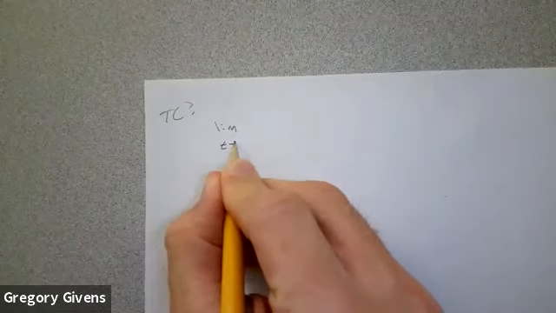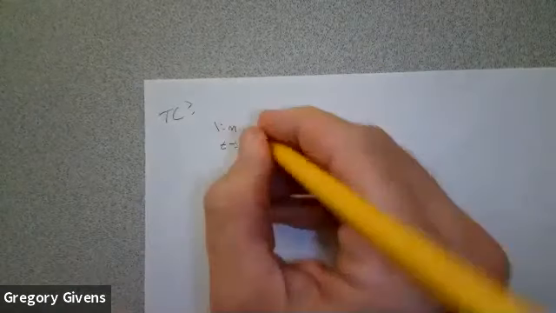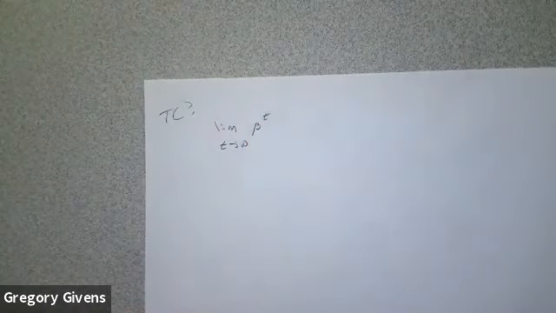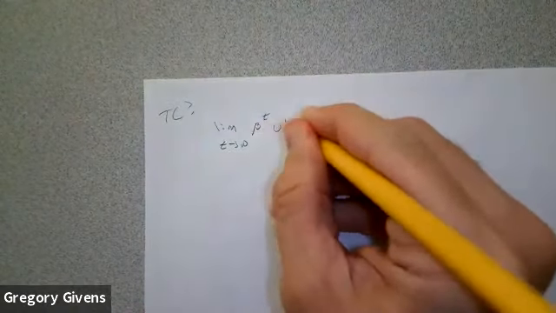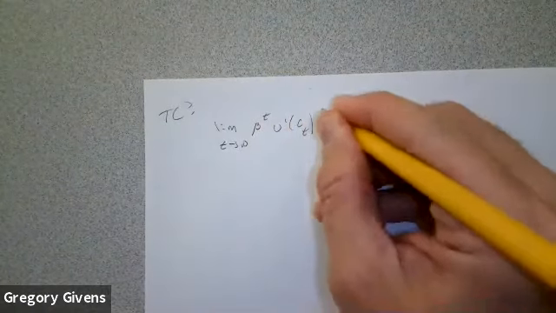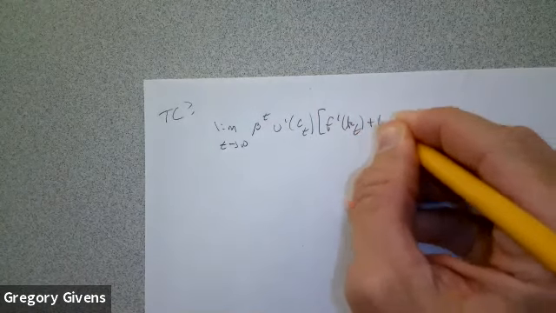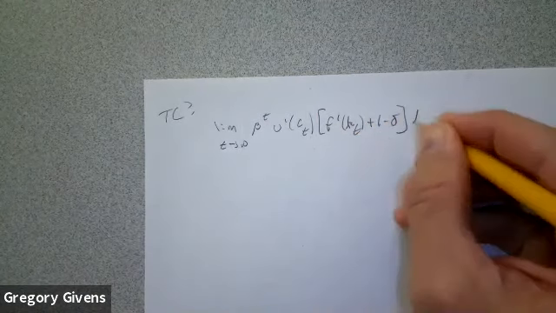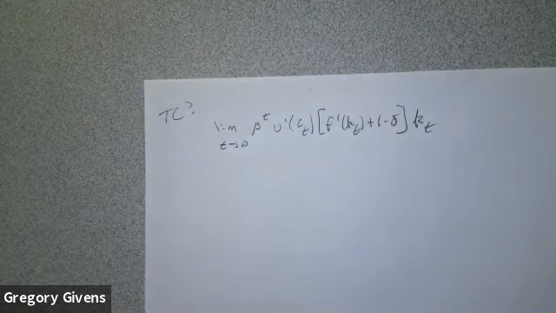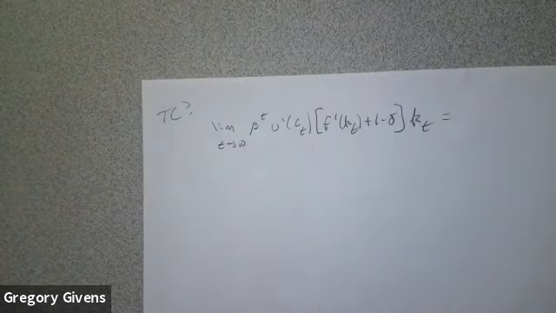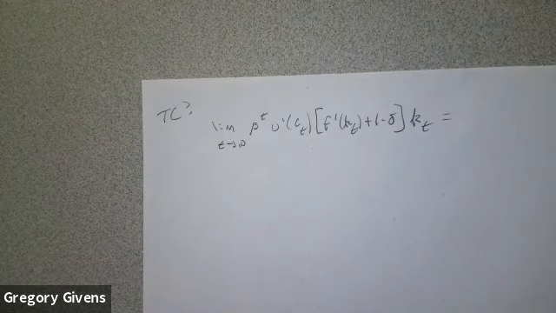Limit as t goes to infinity of beta to the t, u prime of c_t, times f prime of k_t plus 1 minus delta times k_t. That better be equal to 0 in order for the transversality condition to be satisfied.